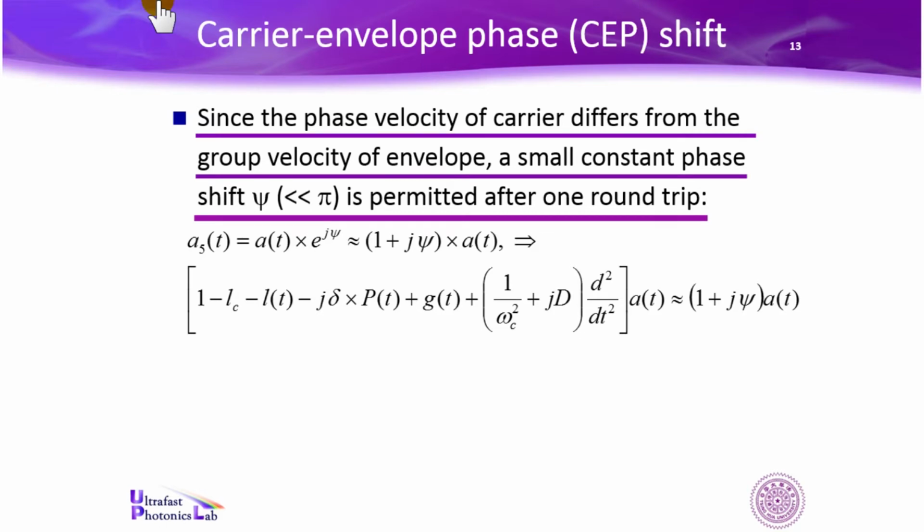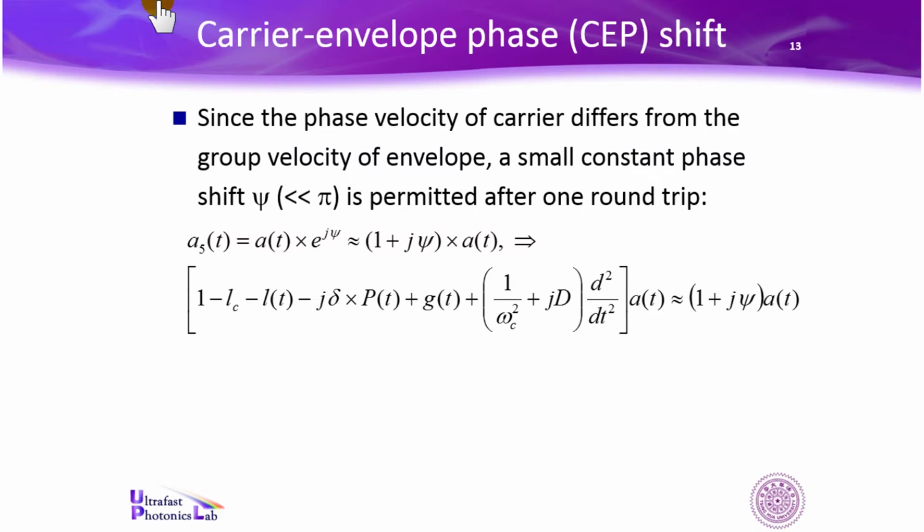The physical origin is quite simple. We know the phase velocity of the carrier differs from the group velocity of the envelope. You must know the formulas. They are different. Group velocity is about the derivative, and phase velocity is about the slope.